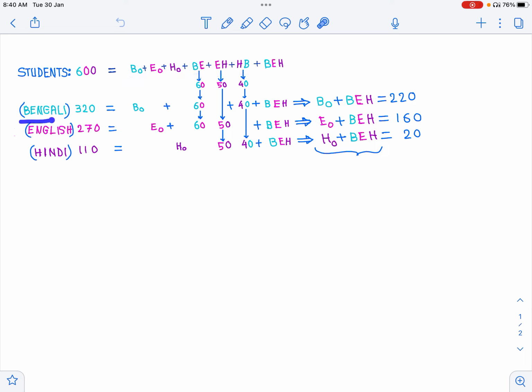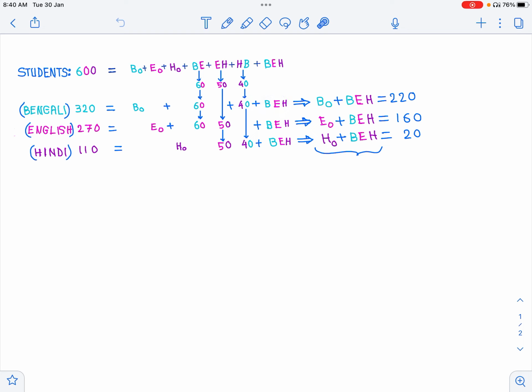For Bengali, the students who learn Bengali number 320, and these 320 equal the students who learn only Bengali, then Bengali and English, then Bengali and Hindi, and then Bengali, English and Hindi.